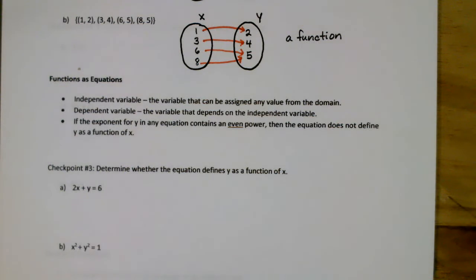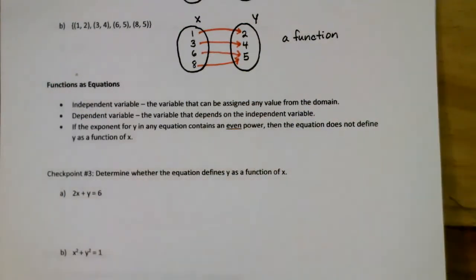And that's this. If the exponent for y in any equation contains an even power, like y to the second or y to the fourth, or y to the sixth, and so on, then that means that the equation will not define y as a function of x. So basically, you can look at your exponent for y, and if it's to an even power, then that equation will not be a function.